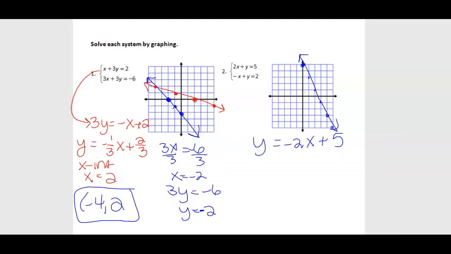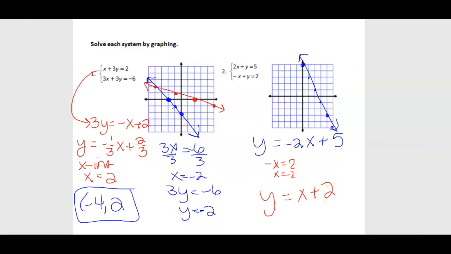So like here, I needed my graph to be accurate to see that point of intersection. Okay, graphing the other curve, we have negative x plus y equals 2. So again, you have two choices. You could do your x-intercepts or your y-intercepts, or you could solve for y equals mx plus b. So if you solved, you had y equals x plus 2.